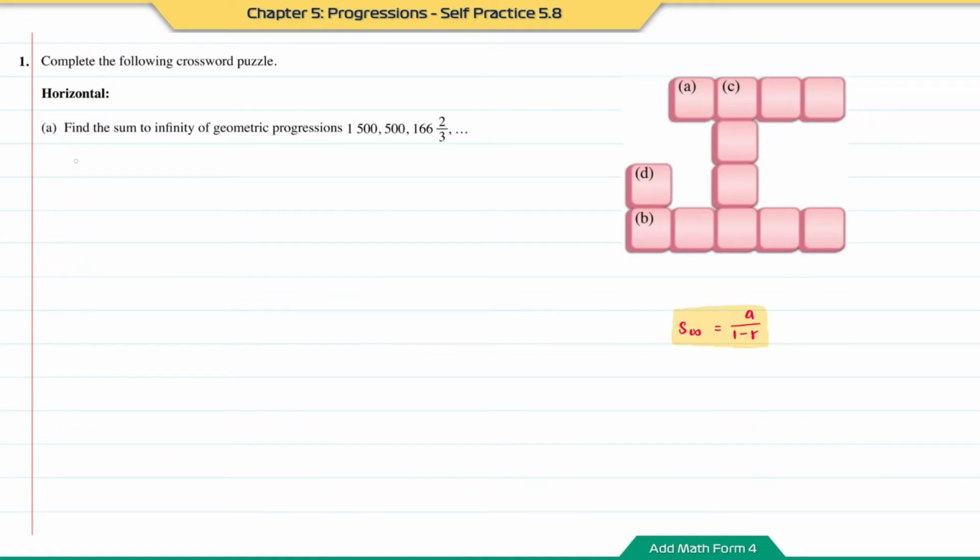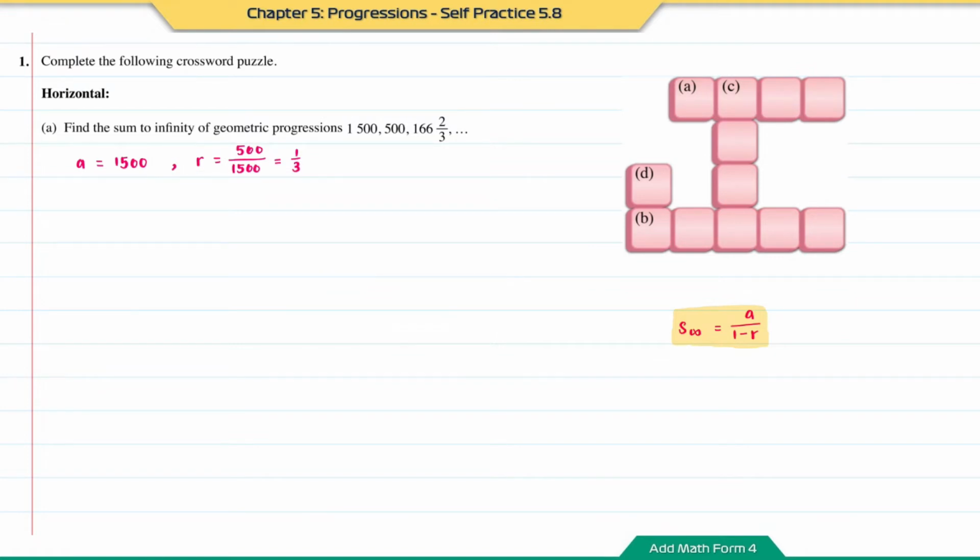For question A, the first term will be 1500. For the common ratio, we can use the term 500 divided by the previous term, which is 1500. So the r will equal 1 over 3.